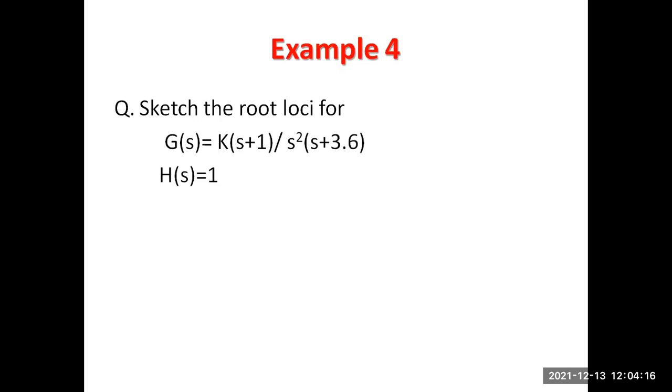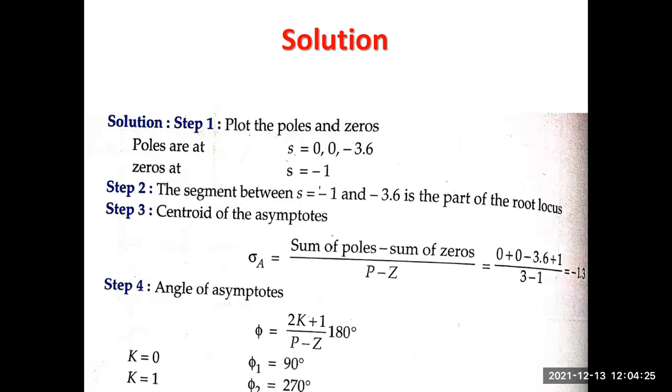So 90 degree. Only 90? Around 270 degree. Let us see. Correct. So 90 degree and 270 degree. And the centroid of the asymptote is minus 1.3. Yes or no?